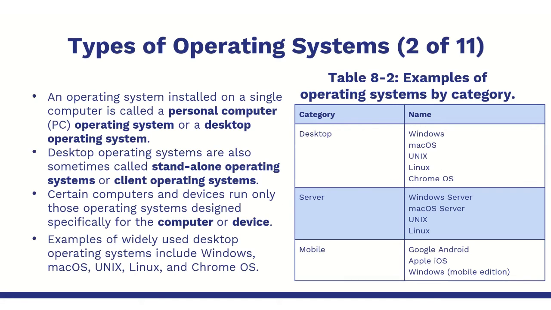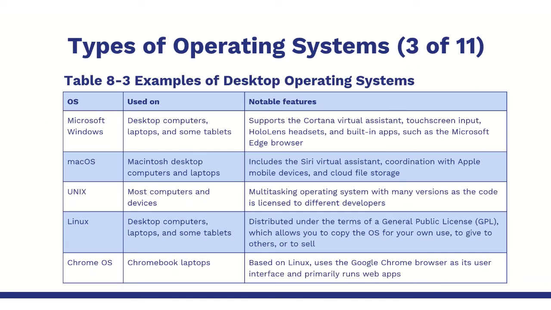This table summarizes examples of operating systems by their category. Some desktop operating systems are here. For example, let's pick Microsoft Windows, the first row. The name of the operating system is Microsoft Windows.